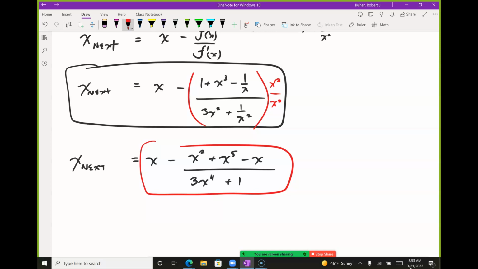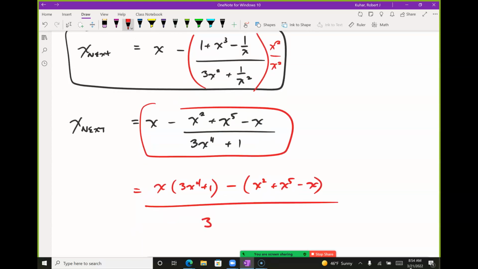So what do I always want when I have more than one fraction in my answer? A single fraction. That's right. A single factored fraction. So what am I going to get? I'm going to get x times 3x to the 4th plus 1 minus x squared plus x to the 5th minus x, all divided by 3x to the 4th plus 1.